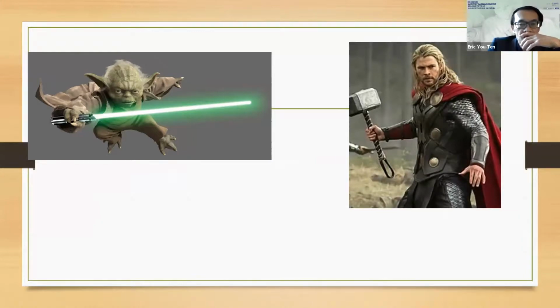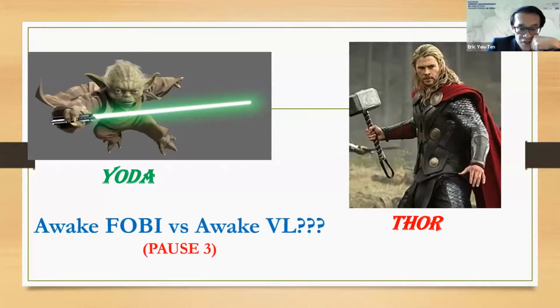So what I have here is 2 famous characters. Perhaps some of you like these characters. There's Yoda from Star Wars, and then there's Thor, God of Thunder. The question I want to ask, just to bear in mind with the audience, is which character you like best? And the reason I say this is, what would you do in a situation?